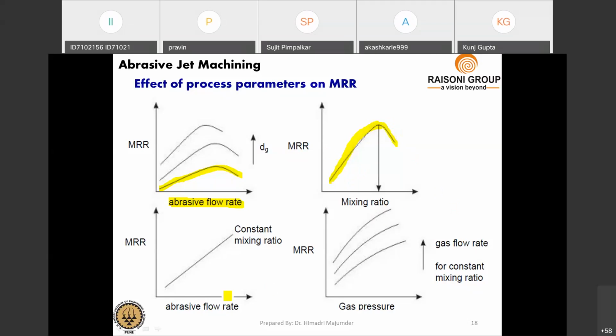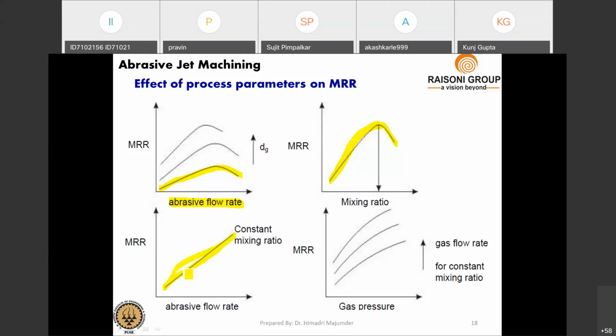Now in the third graph, we can see the abrasive flow rate effect on MRR. If you increase the abrasive flow rate and you keep your mixing ratio constant, in that case MRR will gradually increase. See here in the graph, MRR gradually increases.